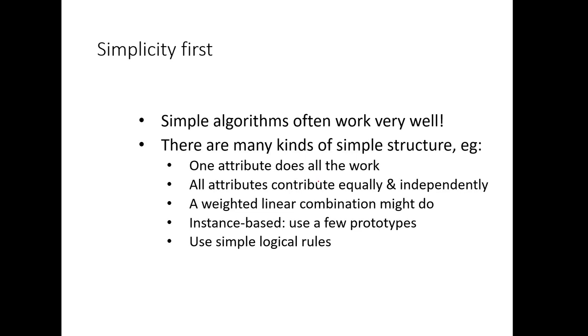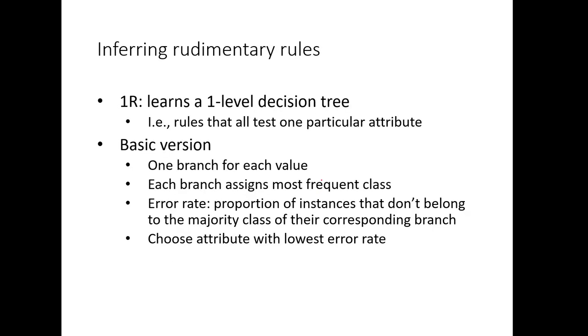So we are going to find the best single attribute which performs the classification, right? So quickly what we did is, for each attribute, one branch for each value, for each branch you assign the most frequent class, and you calculate the error rate, and then you finally choose the attribute with the lowest error rate, right? And this is what we have done.